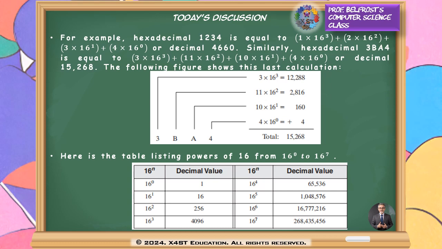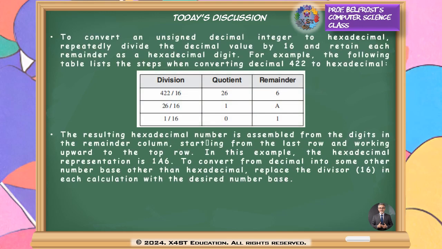And here's the table listing powers of 16 from 16 raised to the power of 0 through 16 raised to the power of 7. Actually, you maybe don't need this. You can just use a calculator. Maybe a calculator is your best way for doing any calculation related to computer science.